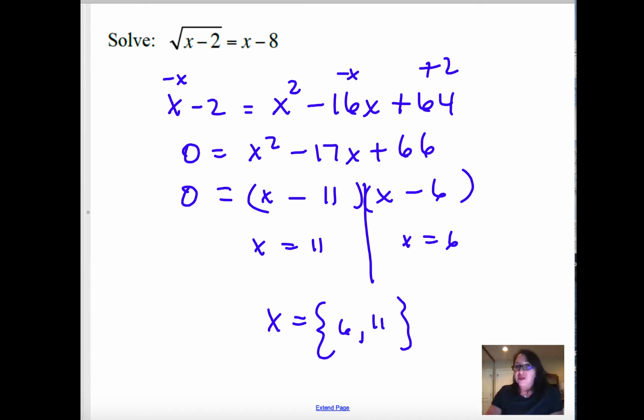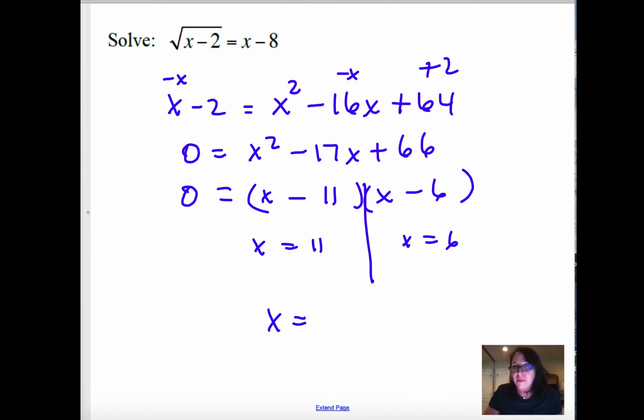Extraneous solutions are answers to your equation that actually don't work when you plug them back in.